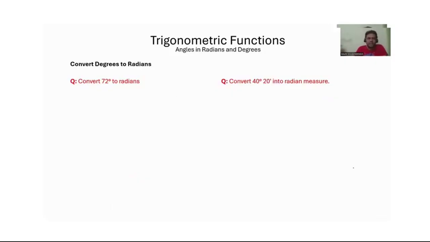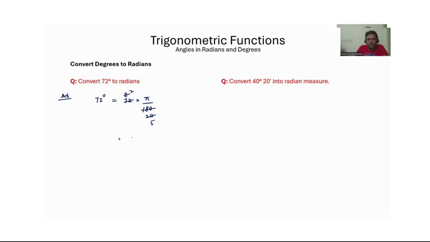Okay, let's do some problems here. Now convert 72 degrees into radians. So how to do this, guys? I know degrees, right? 72 degrees, I want to convert this into radians. Can I write this as 72 into 1 degree is what? 1 degree is pi by 180. That's what we learned, right? So I'm converting into this now. Then 4 2's are 8, 4 5's are 20.